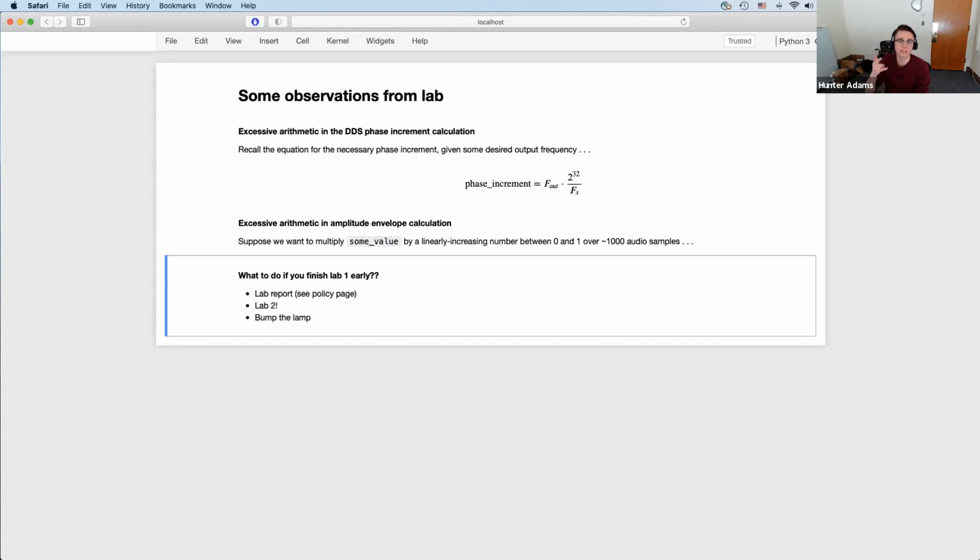And then you can actually quantify your optimizations, right? You can actually measure how many cycles you're saving by being careful about when you're applying floating point arithmetic and when you're applying integer arithmetic. And that would make a great discussion piece in your lab write-up.